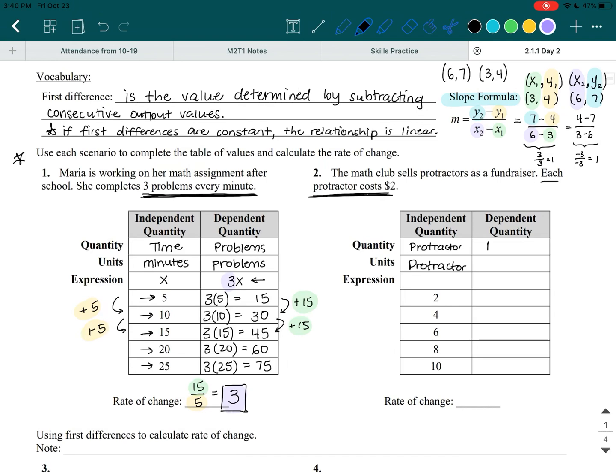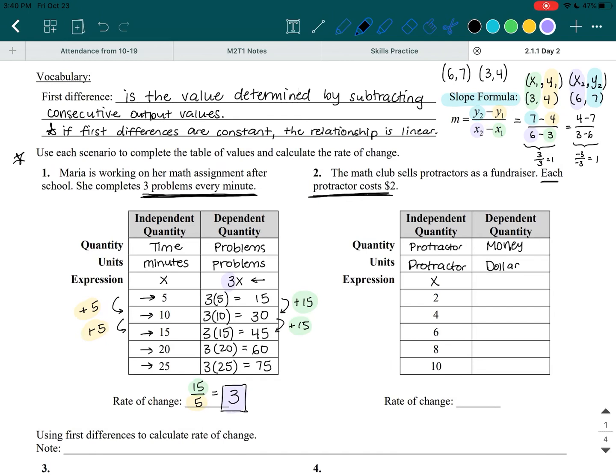And the dependent quantity is money. And the units we use for this is dollars because we are currently in America, or at least I think you are. I wouldn't know because we're an online school. So money measured in dollars. And then for the expression, just use x, please, for your independent quantity.